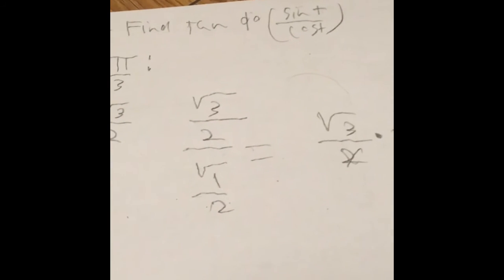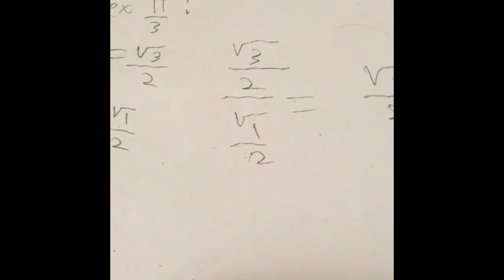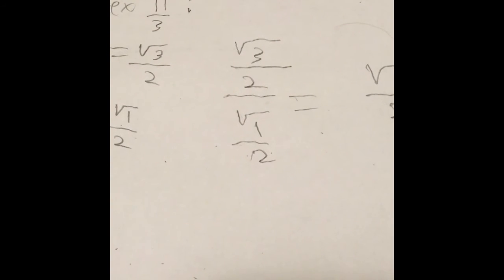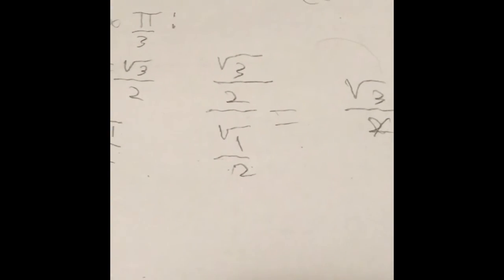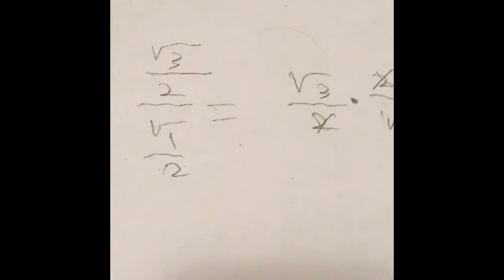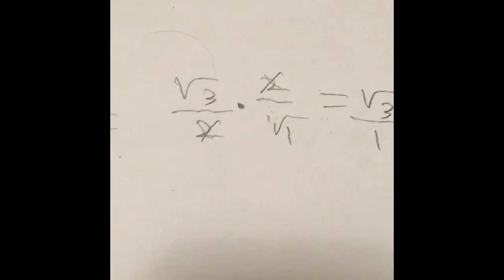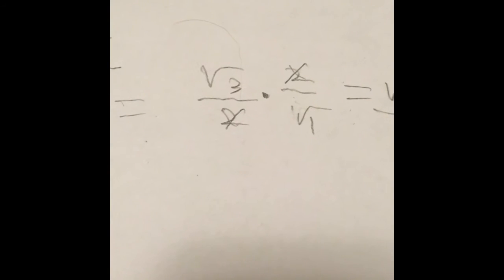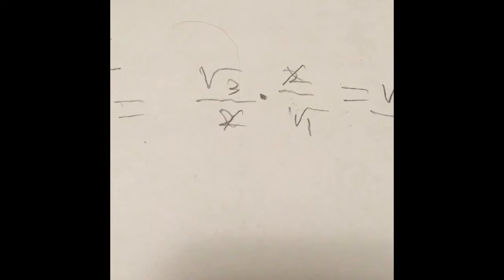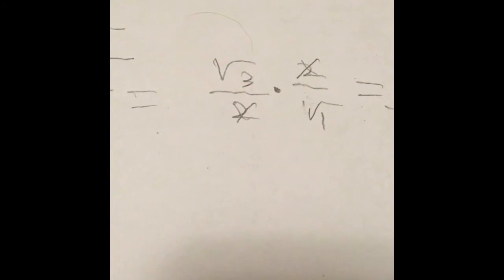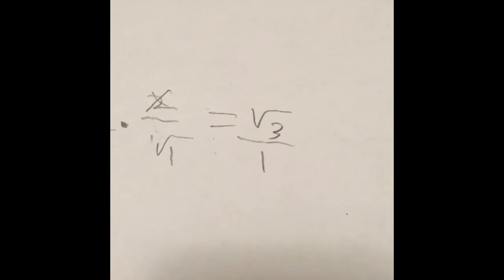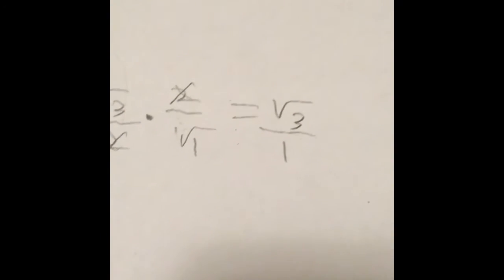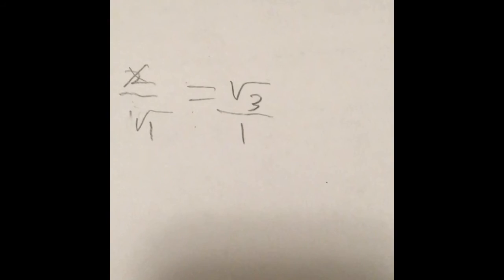So plugging it into the earlier formula, we get square root of 3 over 2 all over the square root of 1 over 2, and this equals the square root of 3 over 2 times 2 over the square root of 1, and as you can see, the 2's cancel, which leaves you with the square root of 3 over 1.